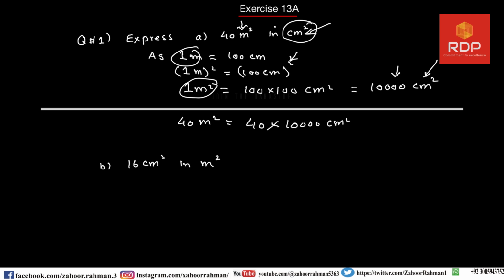When we multiply 40 by 10,000, we get 400,000 centimeter square as the answer.